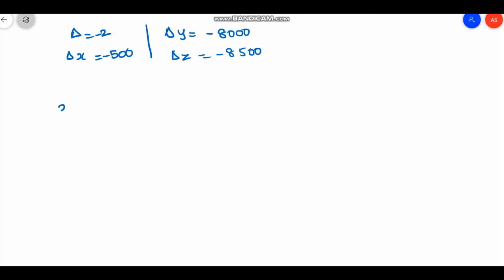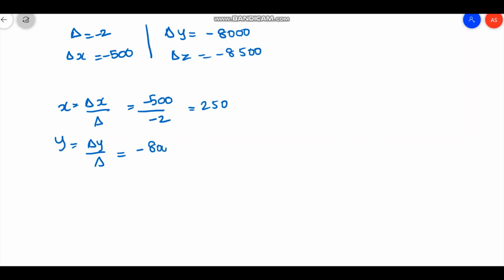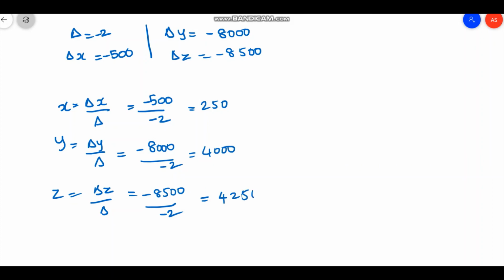Now we need to find x, y and z. So x is equal to delta x by delta, which is minus 500 by minus 2, which is 250. And y is delta y by delta, which is minus 8,000 by minus 2, which gives me 4,000. And z is equal to delta z by delta, which is minus 8,500 by minus 2, which is equal to 4,250.